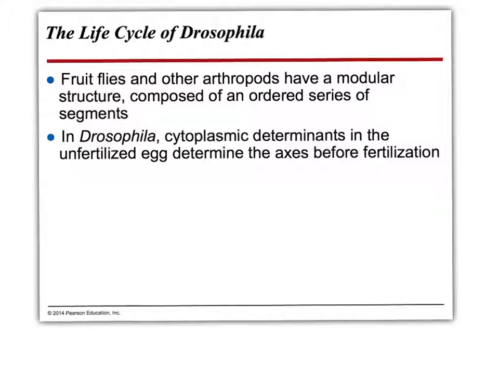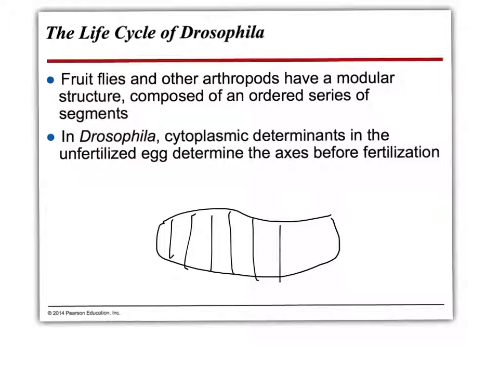Drosophila embryos look like this. They have this distinct front side, kind of like that, and they have different segments. They're segmented, and basically they're numbered 1 through 13. So there's 13 segments, segment 1 being the front, segment 13 being the back.